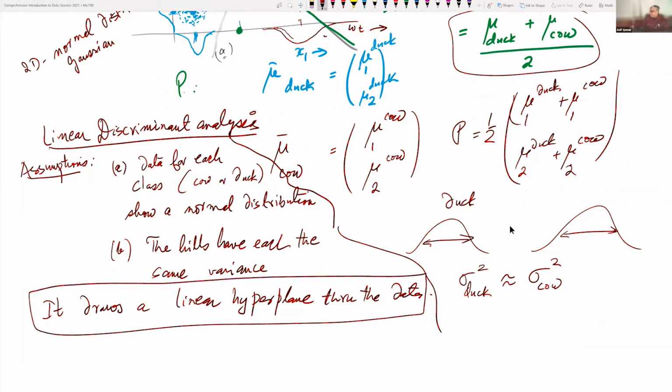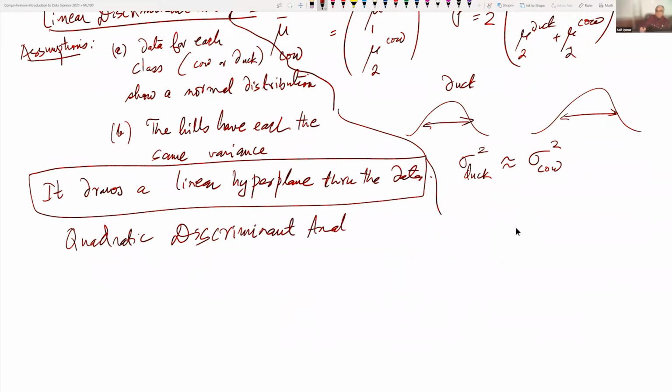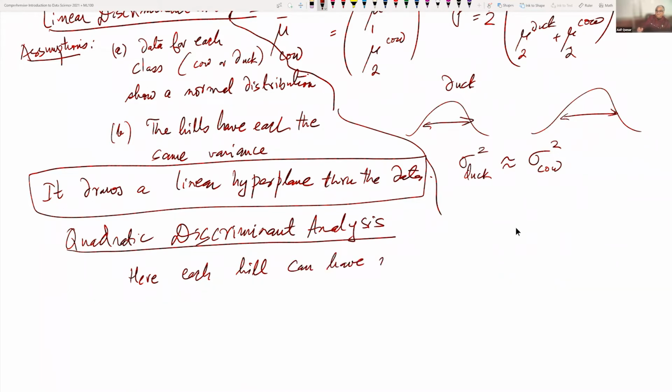The second thing, and we are almost done: if you violate this, you get quadratic discriminant analysis, which basically says here each hill can have its own separate variance.